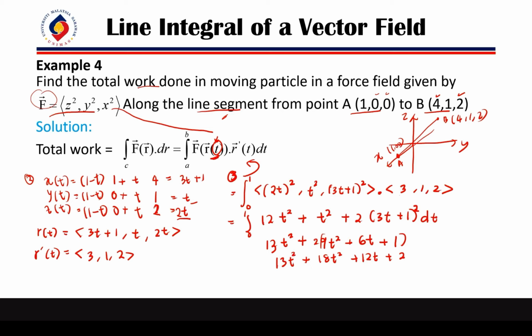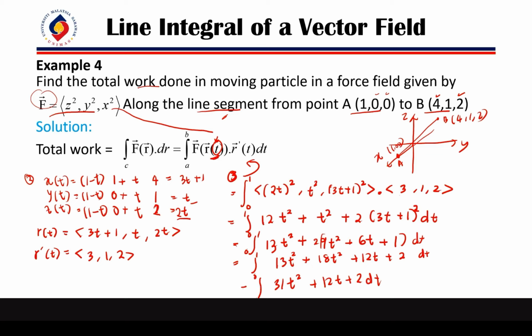So what we get here is 13 plus 18t squared. We get 31t squared plus 12t plus 2 dt. Alright, so this is all dt.